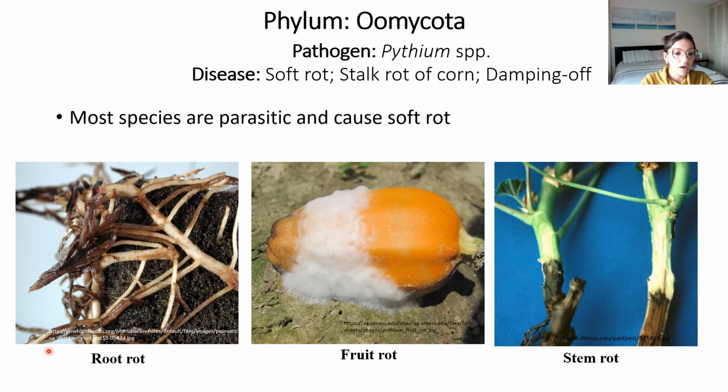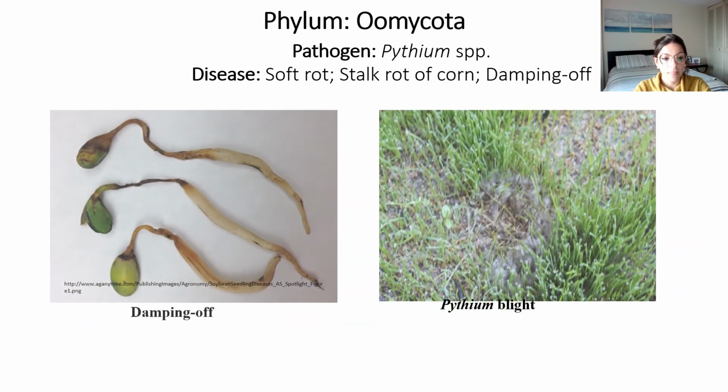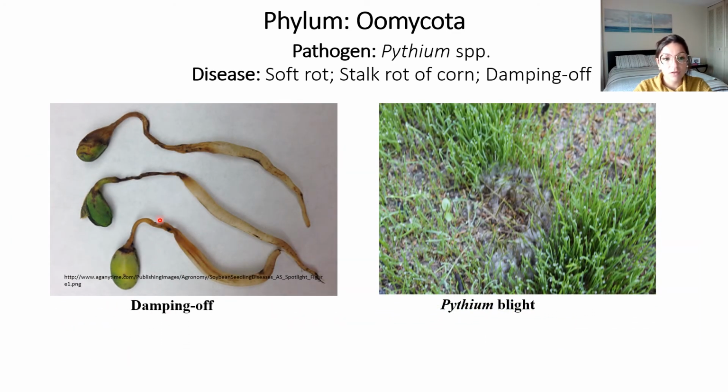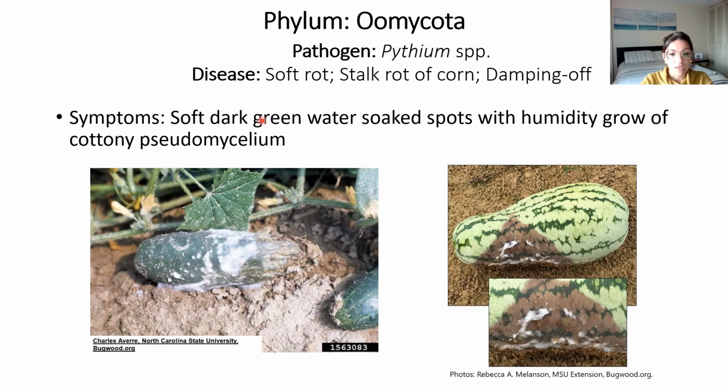So here we have root rot caused by Pythium, fruit rot, stem rot, the typical damping off, Pythium blight, and here we have soft rot in cucumber and in watermelon.